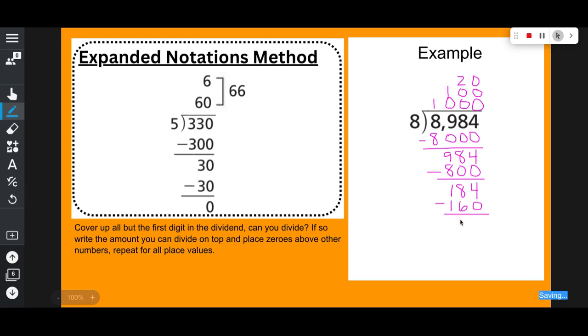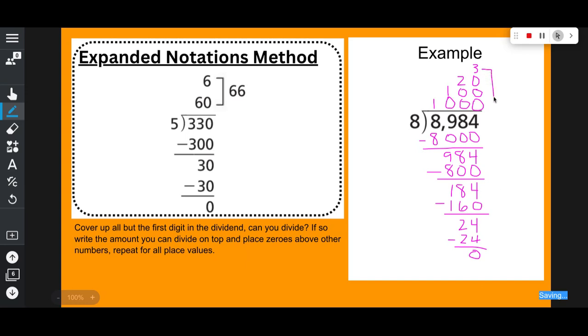Subtract that out, and I get 24. Now I'm in the ones digit, so I look at that whole number. 8 goes into 24 3 times. And I subtract that out. I'm left with 0. I've used all my digits.